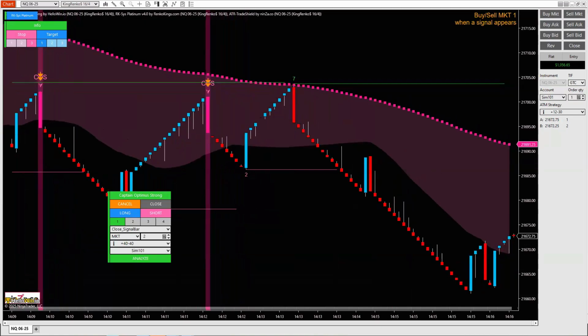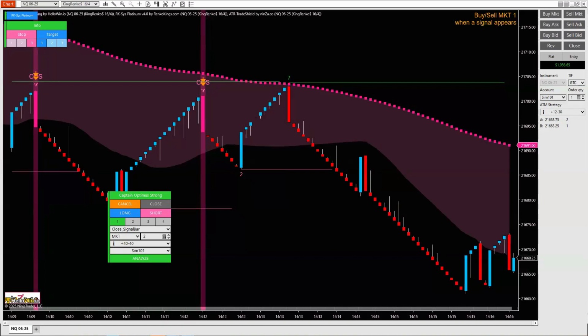Yes, it would adjust dynamically based on ATR and current price. So you saw how the stop moved as price was going toward the target, right? It will adjust dynamically. That is correct.